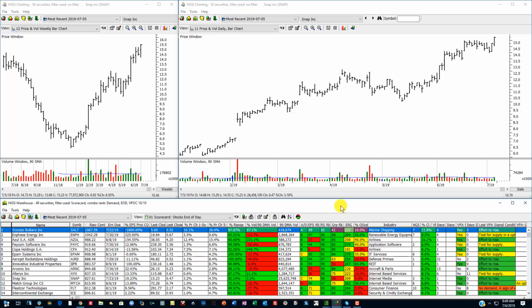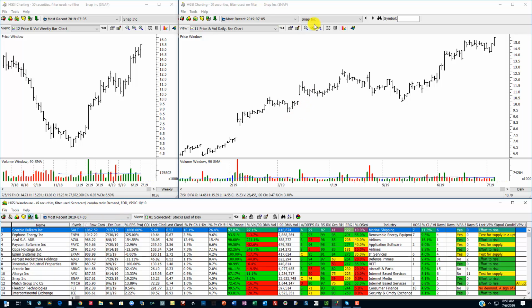What I'm using here, first of all, as many of you know, I use a software program called Max2 to set up my layouts, and then I have a weekly chart on the left portion of the top and a daily chart on the right portion. And then down at the bottom I have the warehouse view.